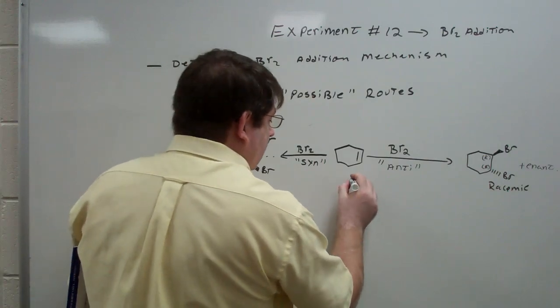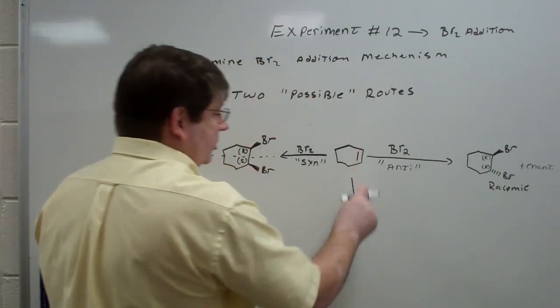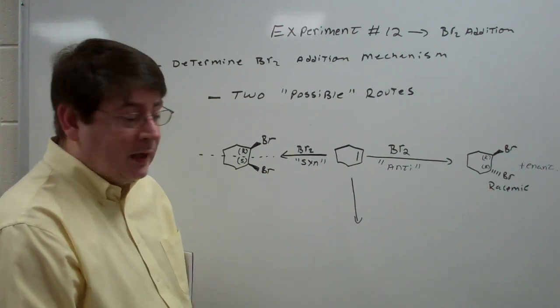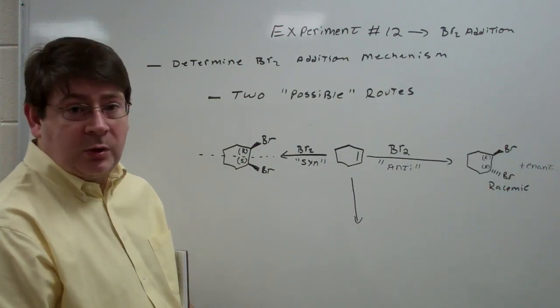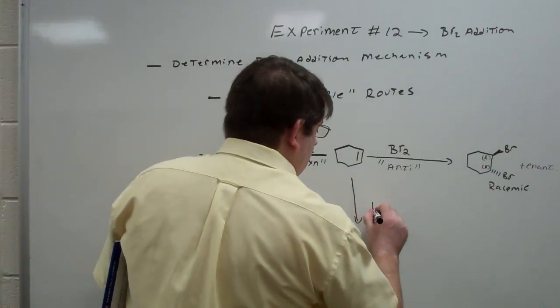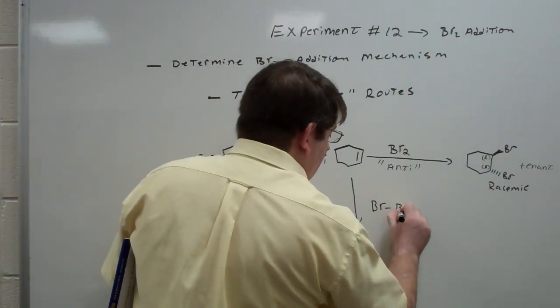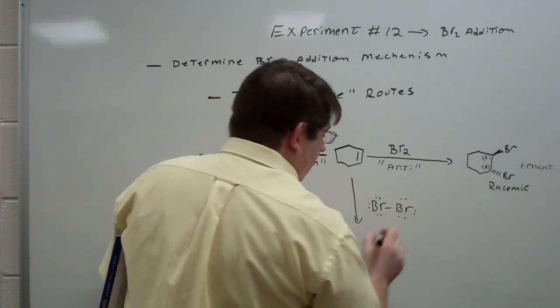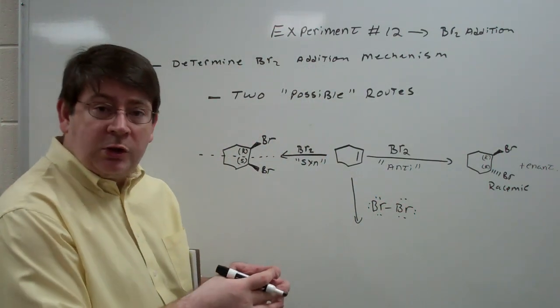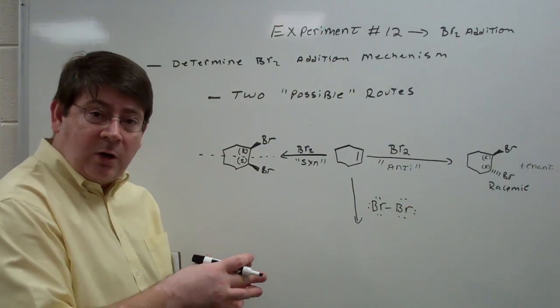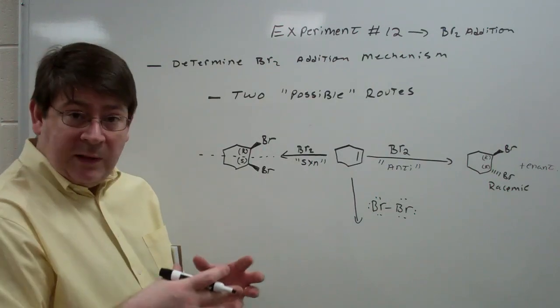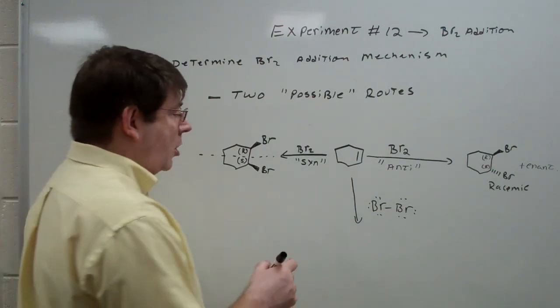In this case, we're just going to start off from our alkene. It's going to function as the Lewis base, and bromine is going to function as a Lewis acid. If we draw the bromine out, we've got this bromine-bromine bond, which is polarizable. Electrons at any given moment can be closer to one bromine than the other and generate a partial positive charge on one of them.